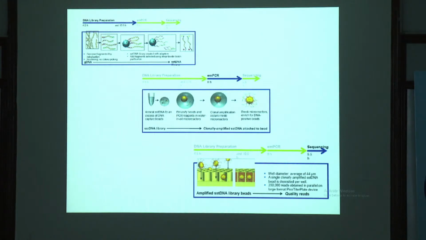In the case of Illumina, what is the sequencing unit? Flow cell. Here, in place of flow cells, what do we use? Beads. As in a flow cell the cluster generation occurs on the surface, here it occurs on the bead. And instead of normal PCR, here we use emulsion PCR.